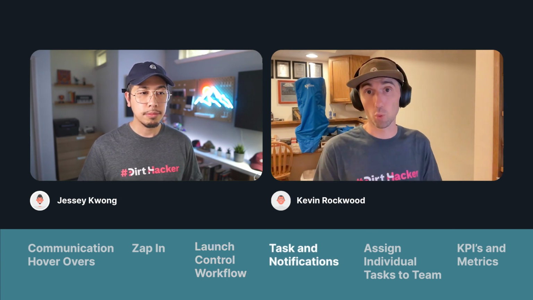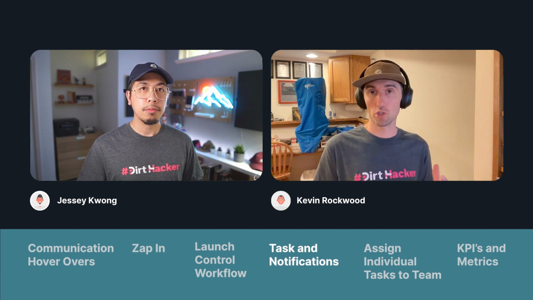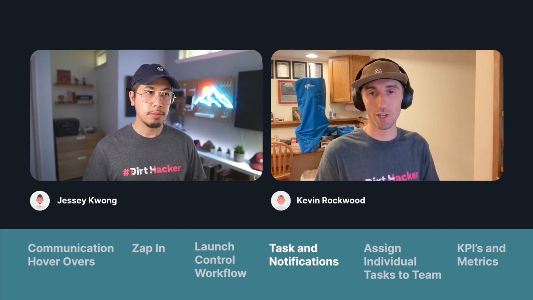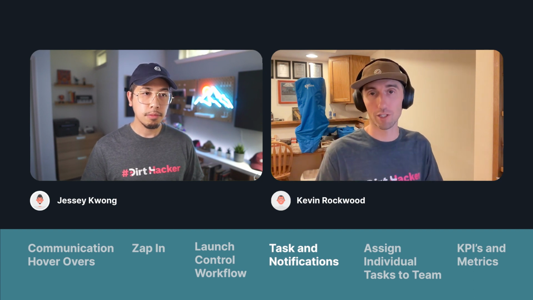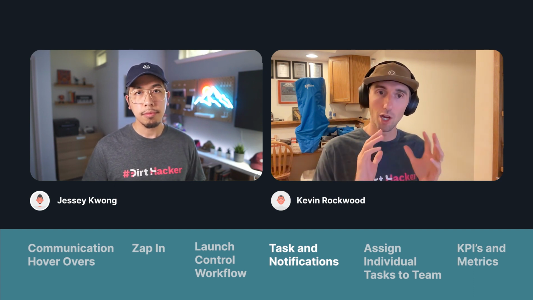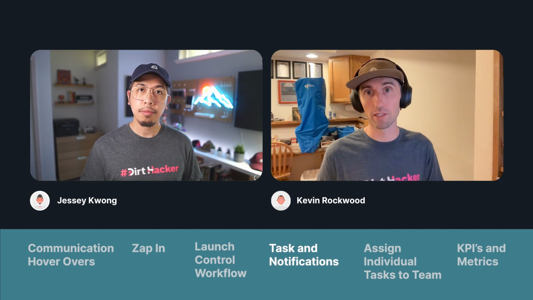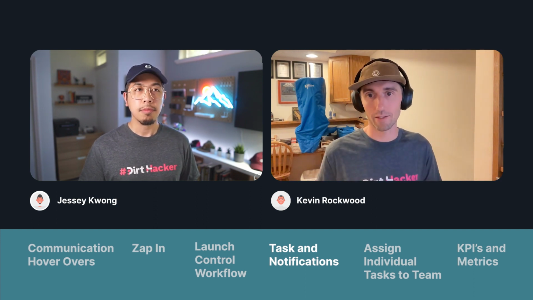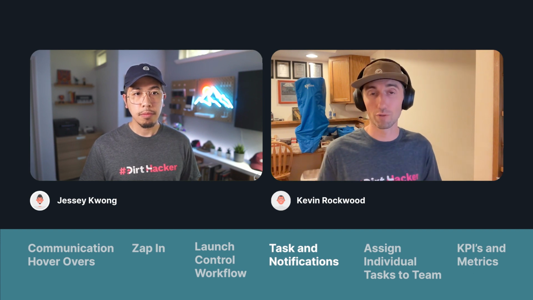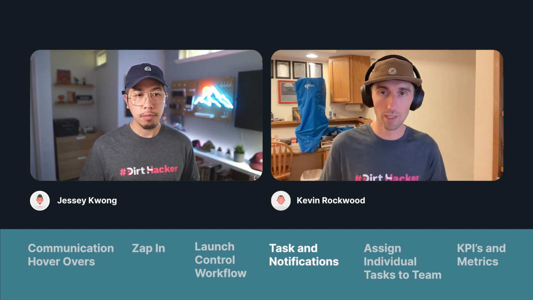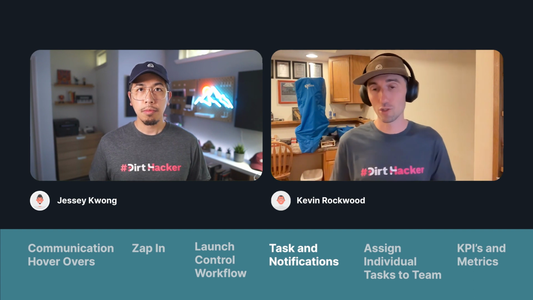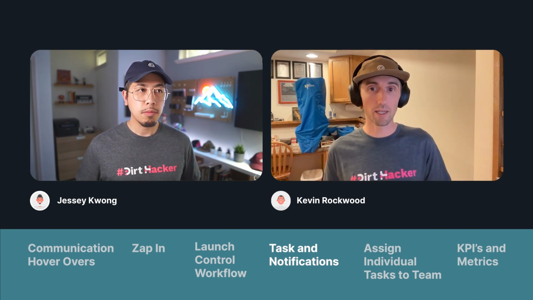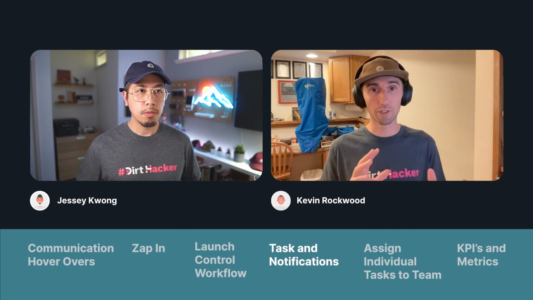So coming up, we have some really exciting features planned around tasks and notifications. We've been talking to a lot of our customers and really trying to identify what their workflow is in terms of their team knowing what to work on next. And so we've come up with what we think is going to be a really nice new interface for seeing all your tasks in one place and also all of your notifications in one place.